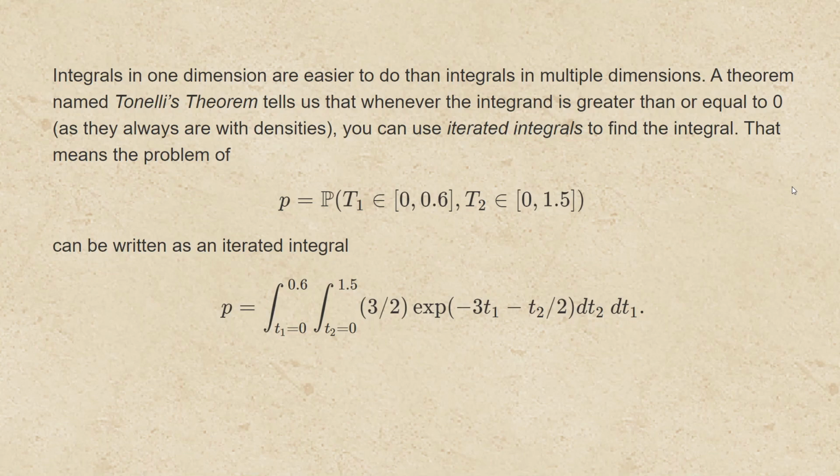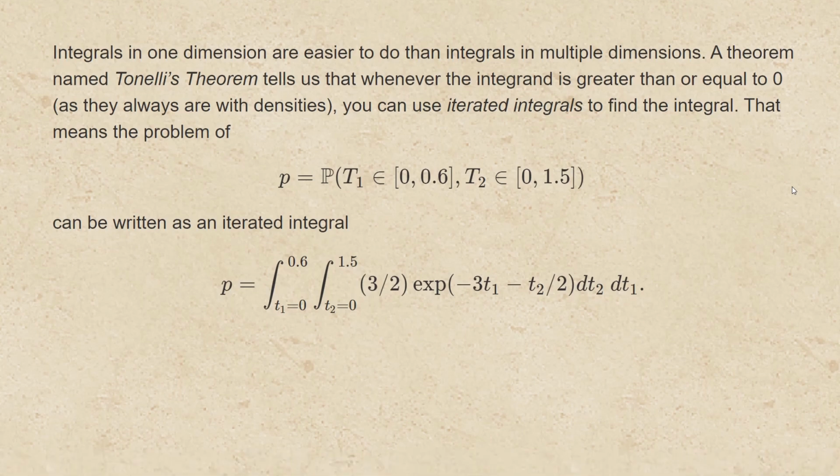That means the problem of finding p, the probability that T1 runs from 0 to 0.6 and T2 runs from 0 to 1.5, can be written as an iterated integral, where we integrate t1 from 0 to 0.6 of the integral of t2 from 0 to 1.5 of the density 3/2 e to the minus 3t1 minus t2 over 2, first with respect to t2, then with respect to t1.